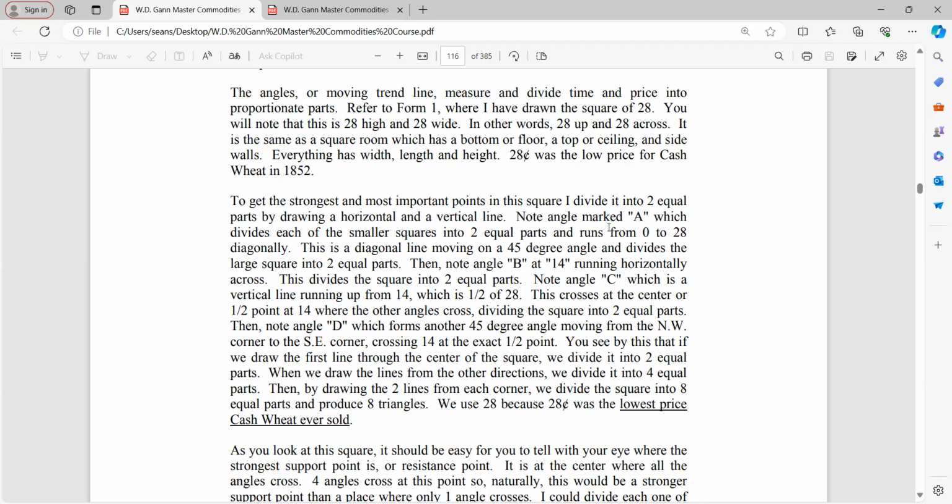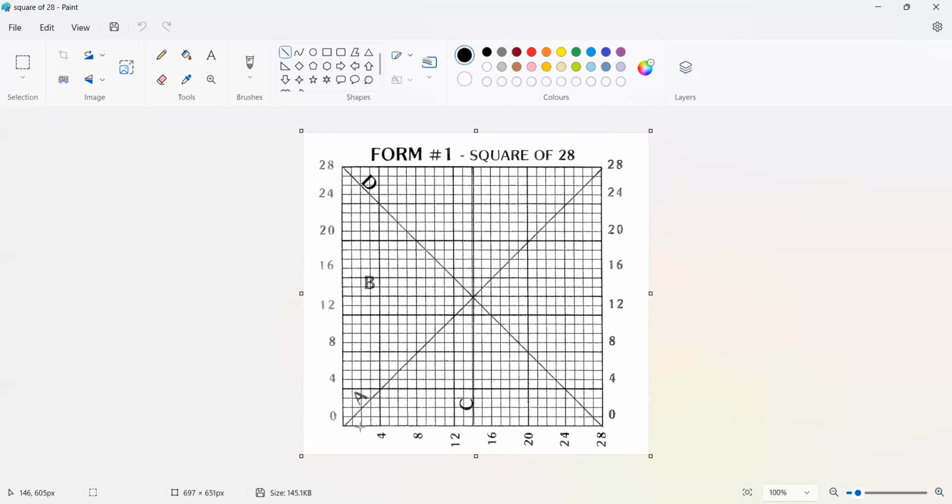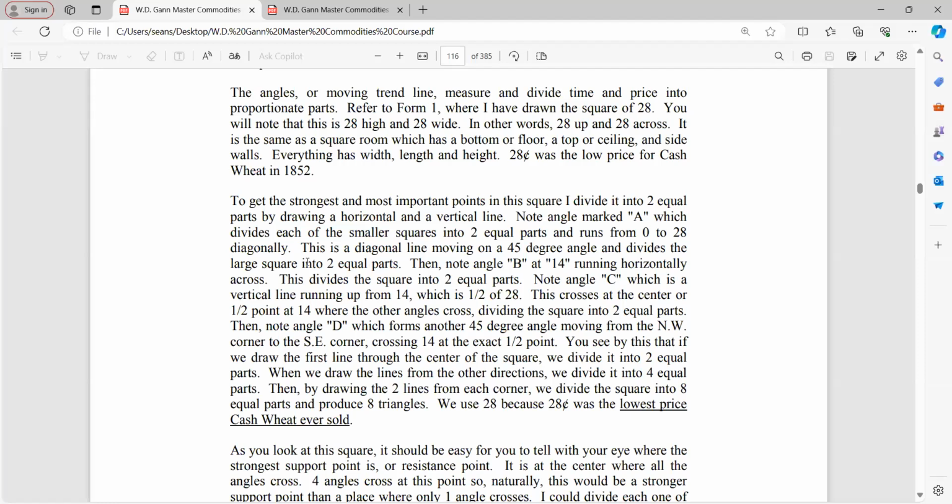Note angle marked A, which divides each of the smaller squares into 2 equal parts and runs from 0 to 28 diagonally. Okay, so A to 28. He says this is a diagonal line moving on a 45-degree angle and divides the large square into two equal parts. Correct. Then note angle B at 14 running horizontally across.